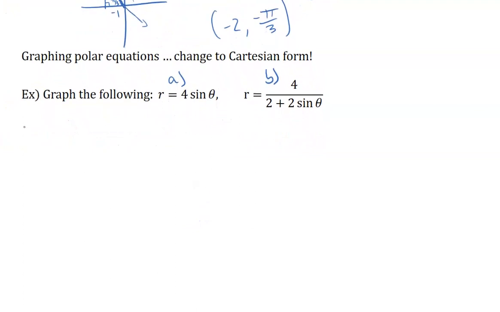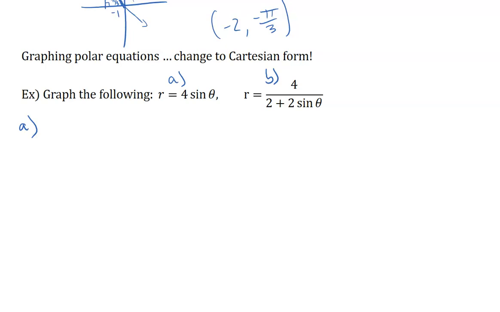So for part A, we have r equals 4 sine theta. Pause it, take a second, and see if you can write something that might look like one of those identities. I'm guessing you tried to use something where y was equal to r sine theta, but we don't have another r here.